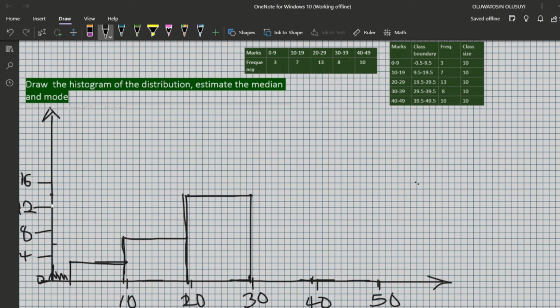So that one should have been 13. It should have been 13 here. So I have to draw this again. Okay. The 13 should be here. That's where I should use 13. So I have 13.